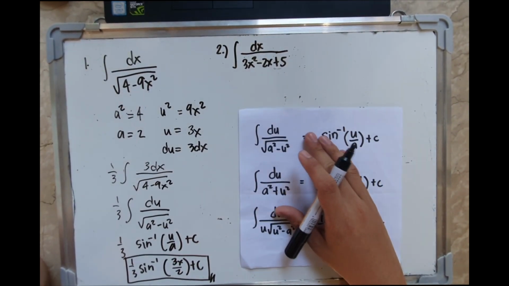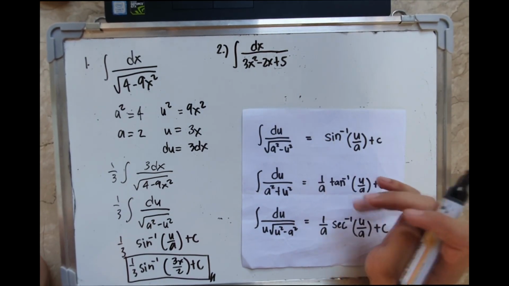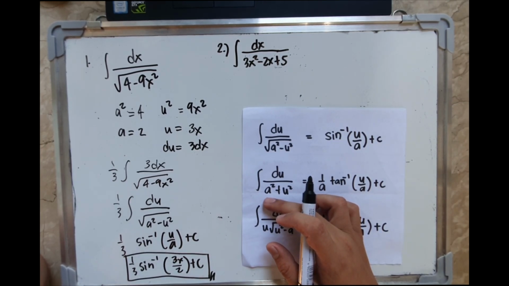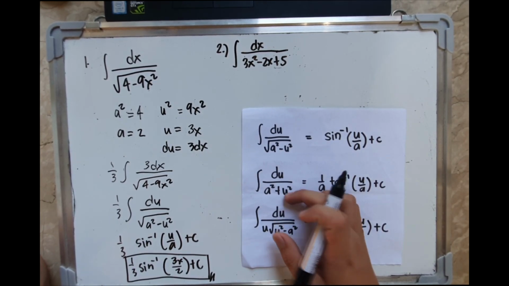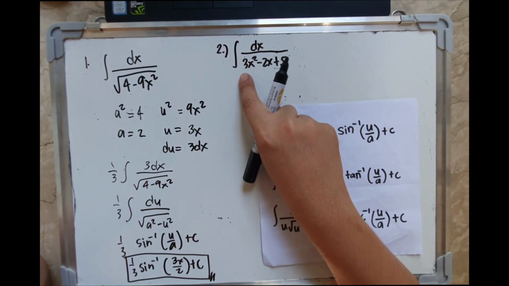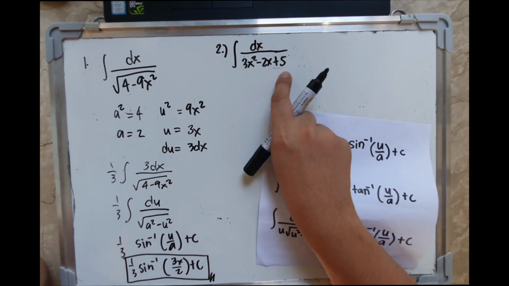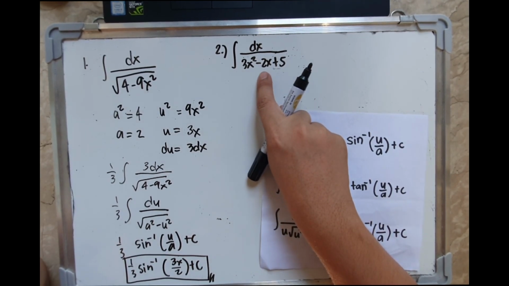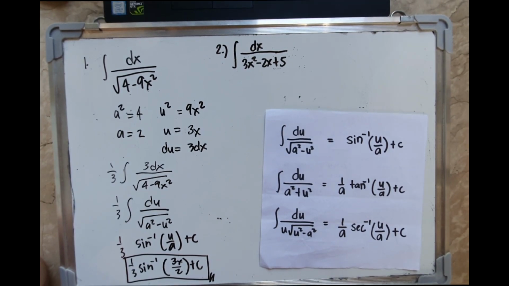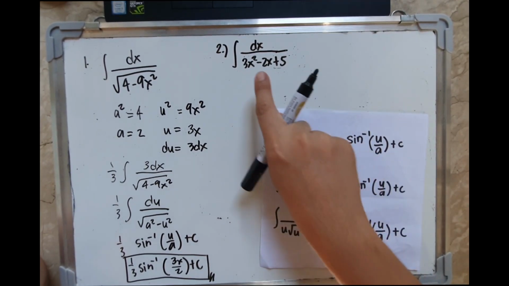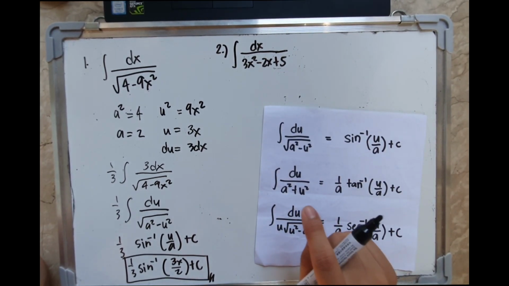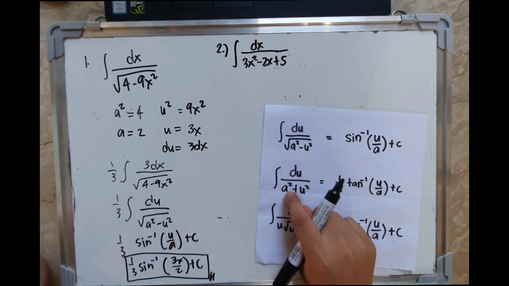So if you look at our formula, notice it should be u squared and a constant squared. So here we have the u, 3x squared, and we have the constant 5. We have now a combination of the two. So meaning to say, we have to do something first. Maybe we could factor this one in order to have an example just like this one.